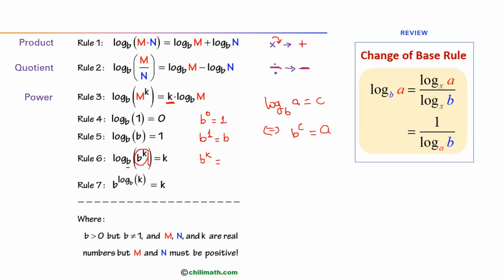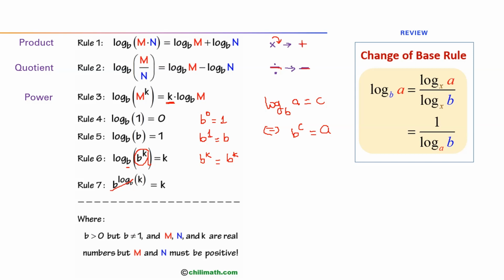So equal b to the power of k, so that's true. Then we have rule number 7, b to the log base b of k is equal to k. So this one means if we have b and log, you can cancel that, so k equals k. It's inverse, right?